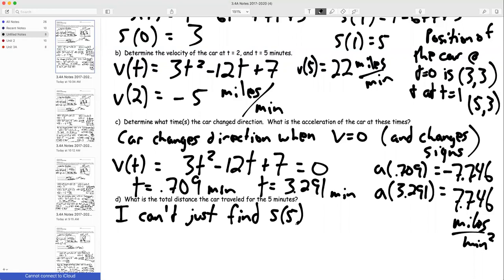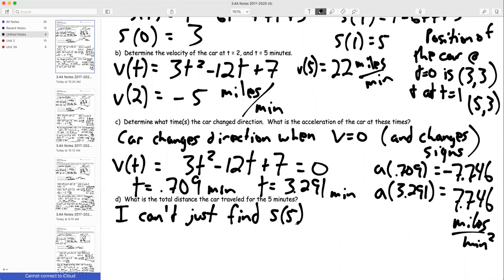I travel this way. And then at 0.709 minutes, I'm going to make an instantaneous U-turn. And then I'm traveling this way. And then at 3.291 minutes, I want to make another instantaneous U-turn. And now I'm traveling back this way. And after 5 minutes, I'm right here.